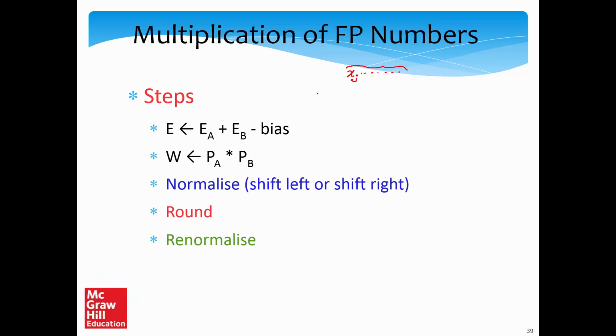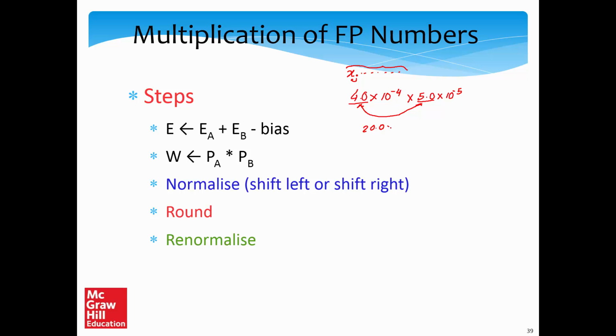We can multiply two numbers of the type 4.0 times 10 to the power minus 4, times 5.0 times 10 to the power minus 5. First we multiply the two significands, 4 and 5. This will give us 20.0.